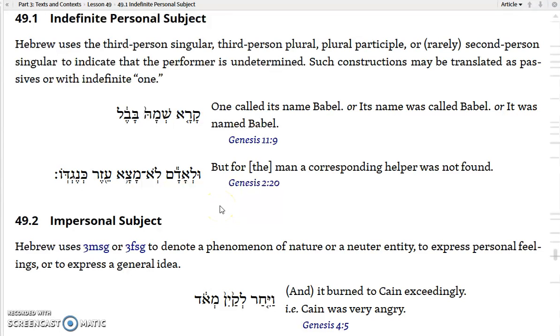Another example is in Genesis 2:20. Ule Adam lo matzah ezer kenegdo. But as for Adam, one did not find a helper corresponding to him, I guess, would be a way of doing it.